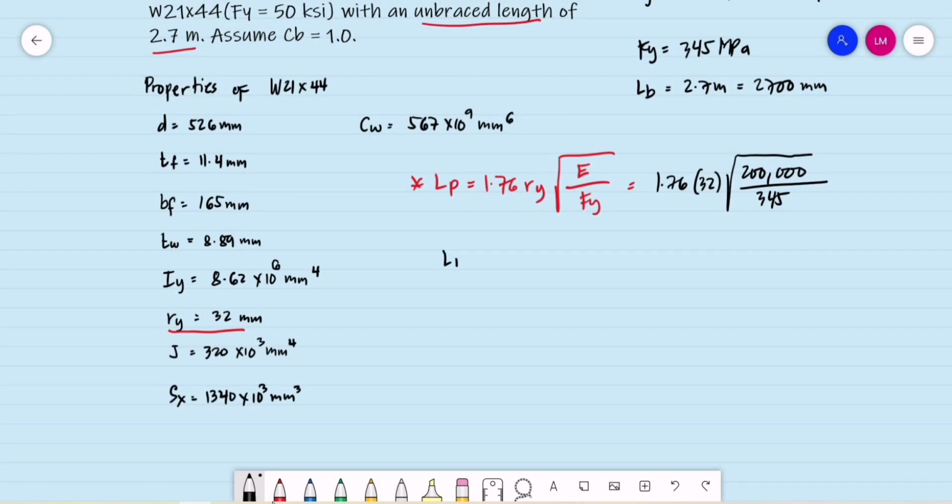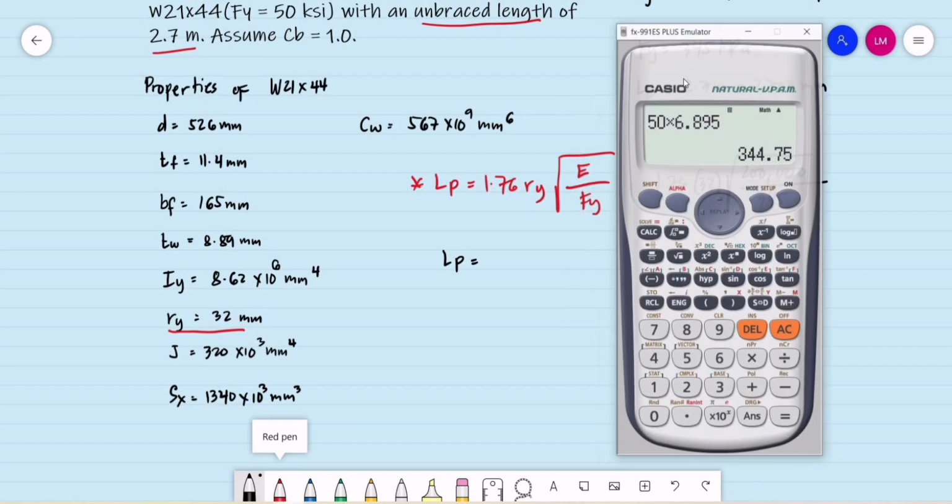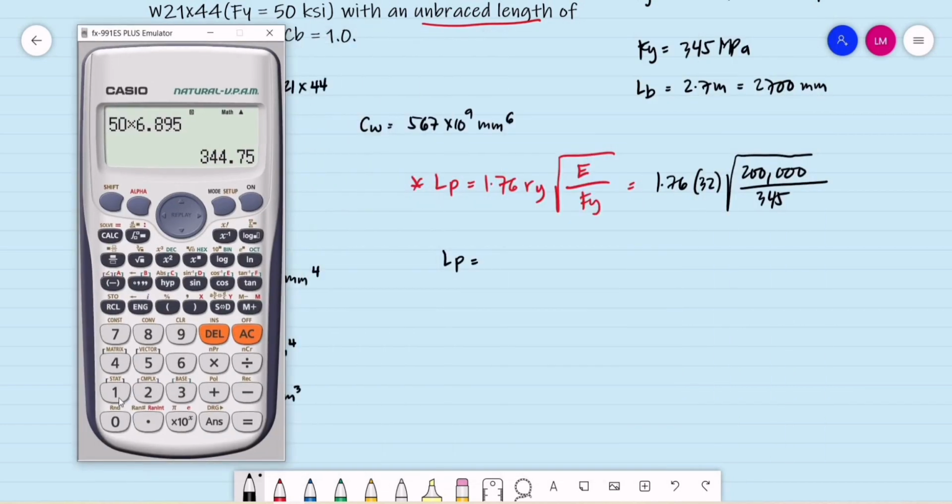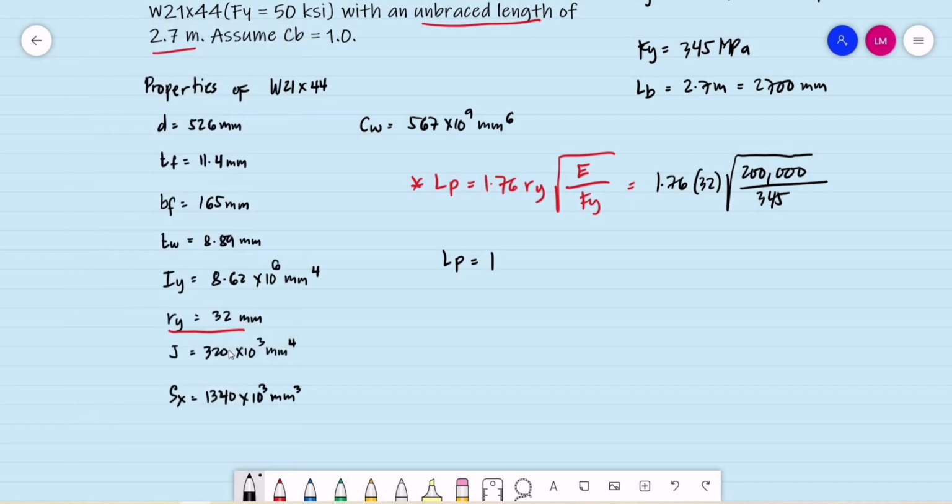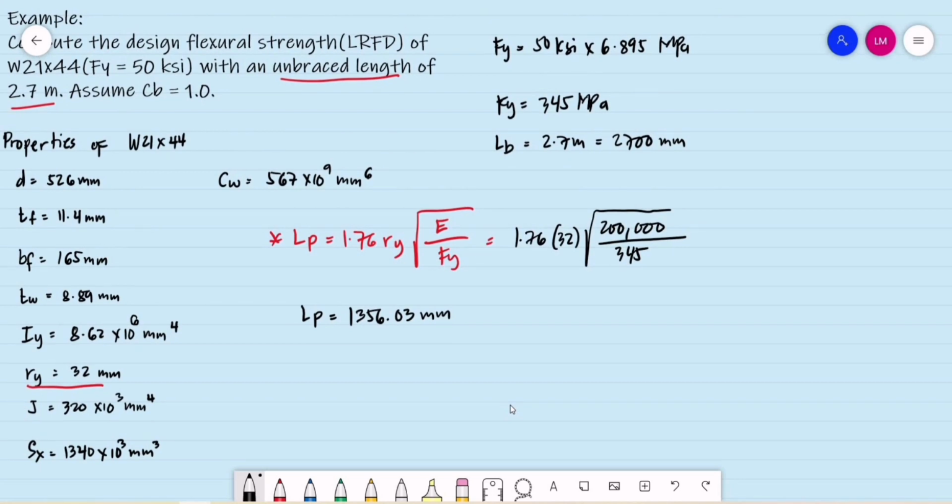So L sub P is now equal to 1.76 times 32 millimeters times the square root of 200,000 over 345, and that is 1,356.03 millimeters.